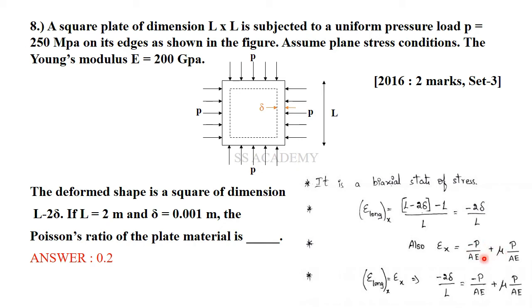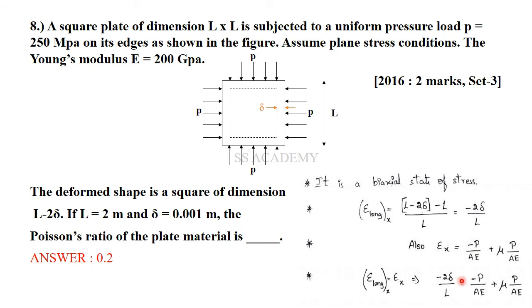Because mu comes with a negative sign, minus into minus of mu. So it will be plus mu into P by AE. P by A is the stress, which is compressive here, and in the other direction it is multiplied by a negative and gives you a tensile effect, so minus P by AE plus mu into P by AE.